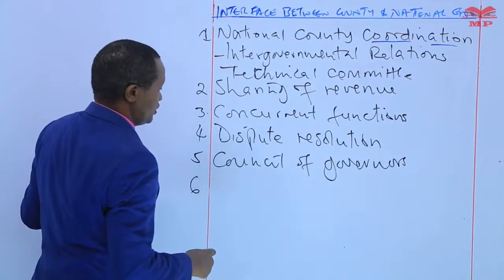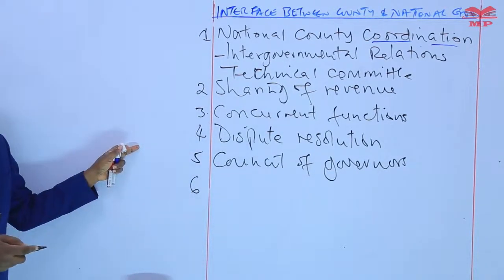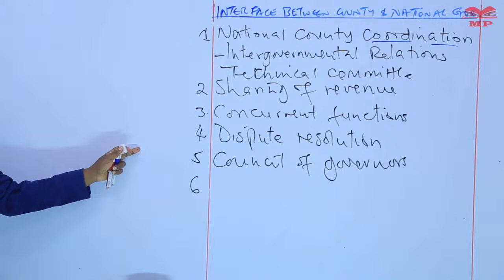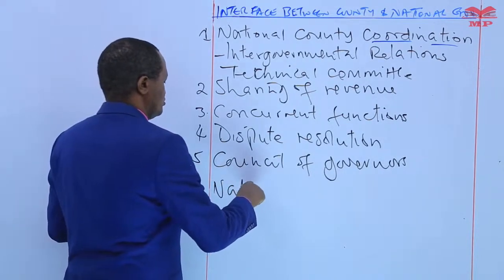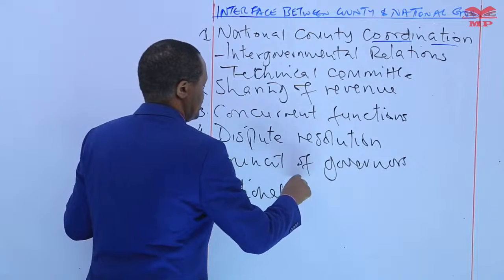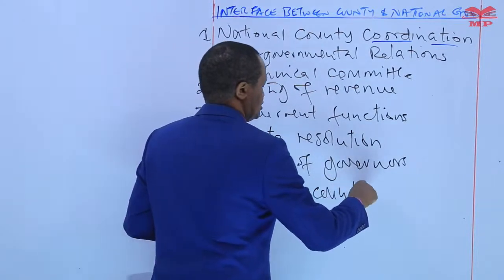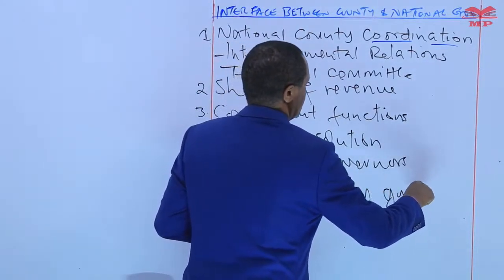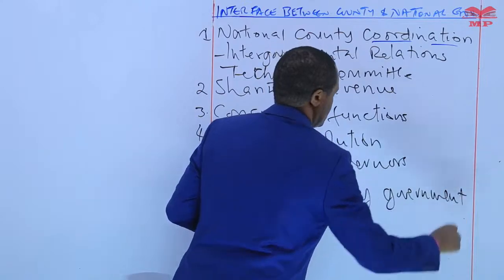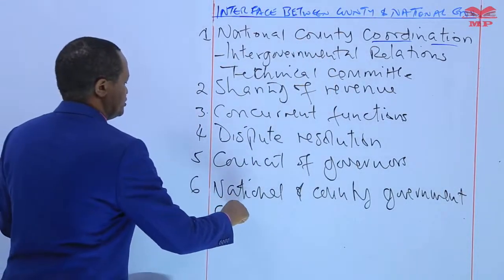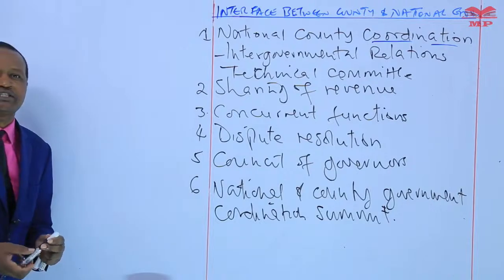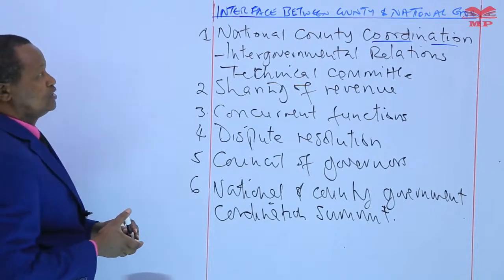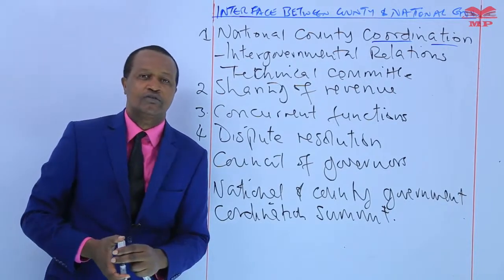Number 6, we can highlight the national and county government coordination summit. It is yet another mechanism for interface between the county government and the national government.